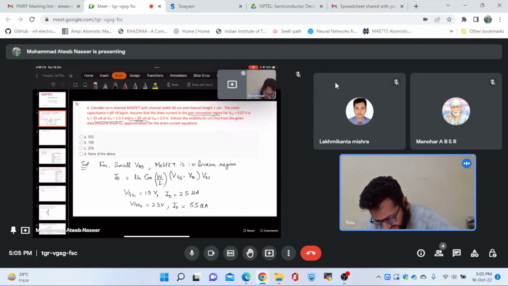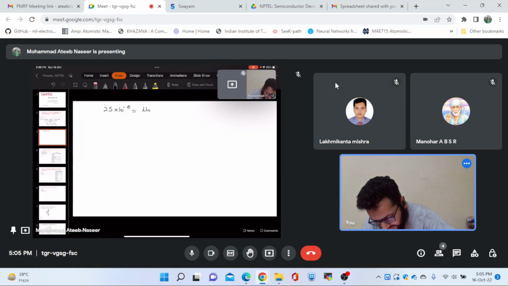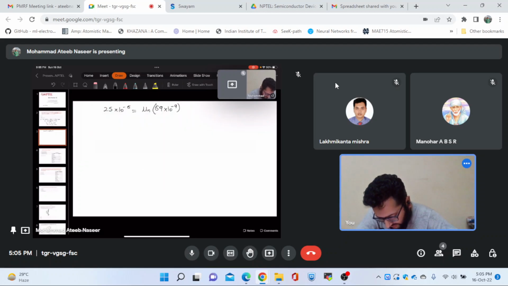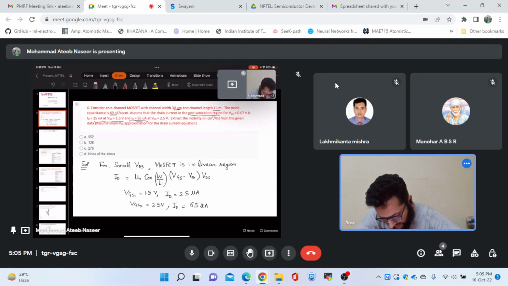Oxide capacitance is 69 nanofarad per centimeter square, so it's 69 into 10 raised to the power minus 9, and for W by L, we have been given the width to be 30 and the length is 1 micrometer, so we will have 30 is to 1 as W by L. VGS is simply in this case 1.5 volts.